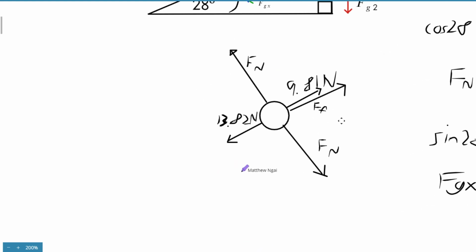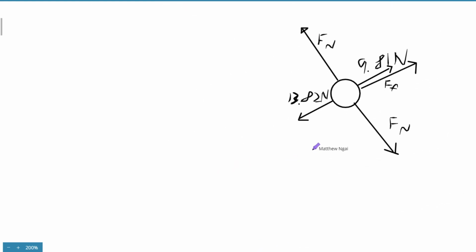So finding the friction force is pretty easy. Here, let me write it better.